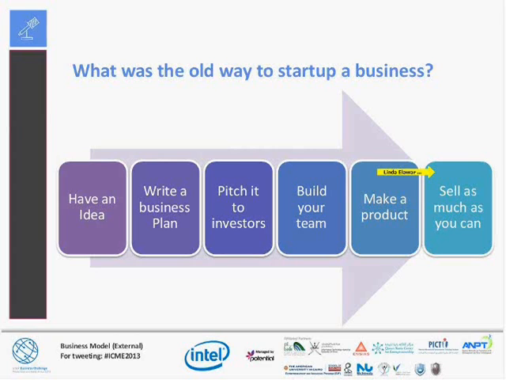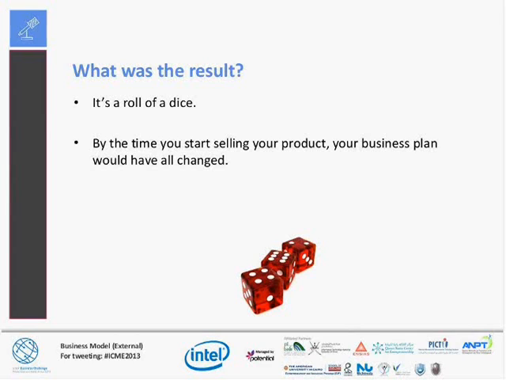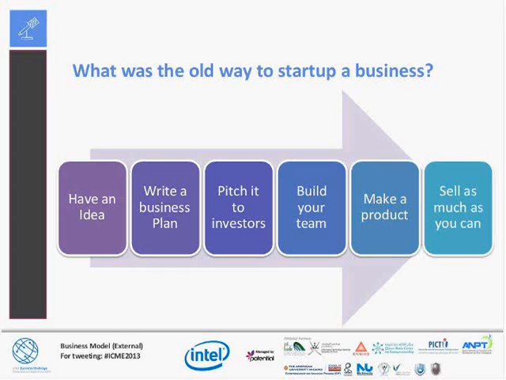But what do you think is wrong with this? Why doesn't this method always work, especially when we talk startups? Because for startups, and even for companies, the results are a roll of the dice. Look at all the steps: create an idea, write a business plan, get the investors, build the team, make the product, and then go to market.